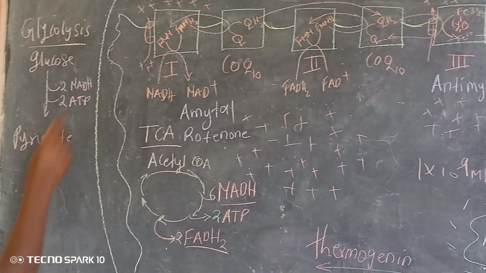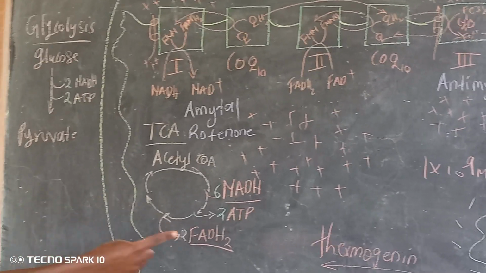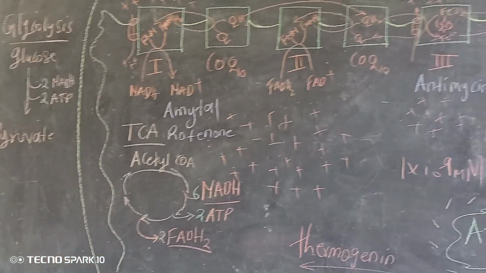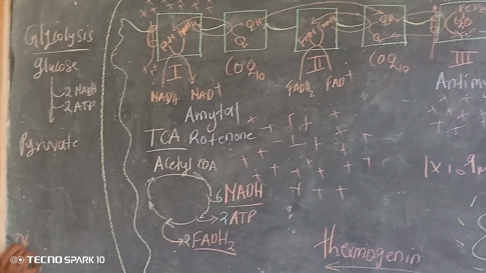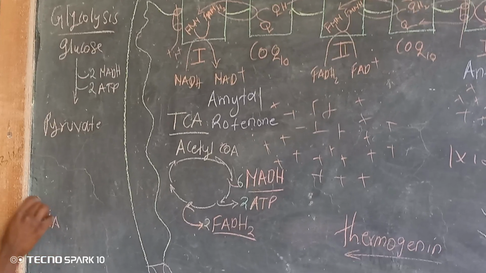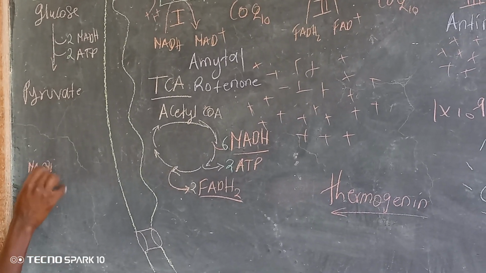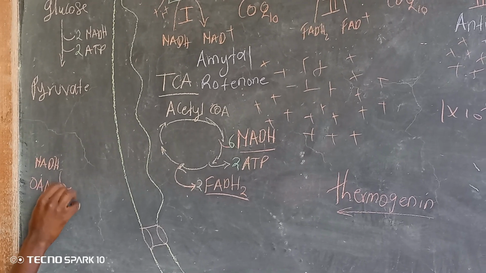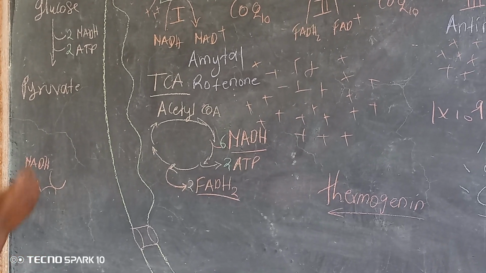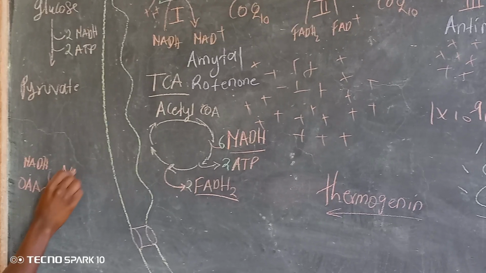Now, this NADH here, they're going to come. So inside the cytosol, remember this is the matrix, eh? So inside the cytoplasm, you have oxaloacetate. Now, oxaloacetate is going to react with the NADH. NADH is going to unload the electrons to oxaloacetate, so that is converted to NAD+.